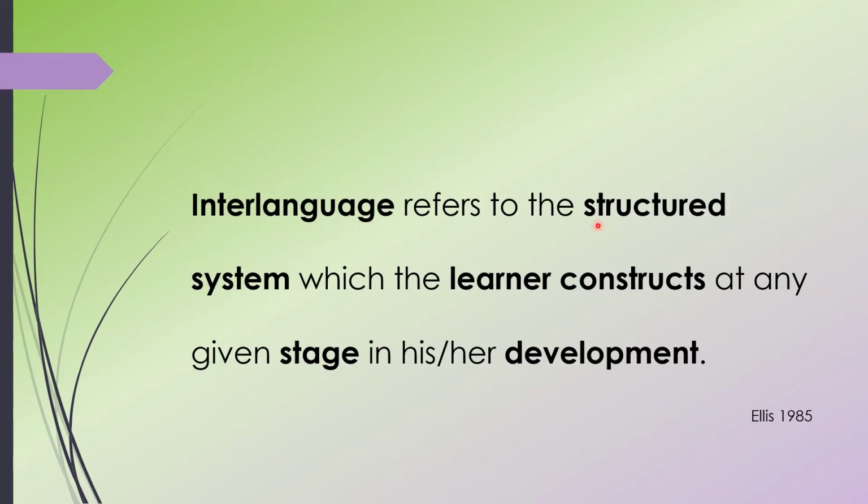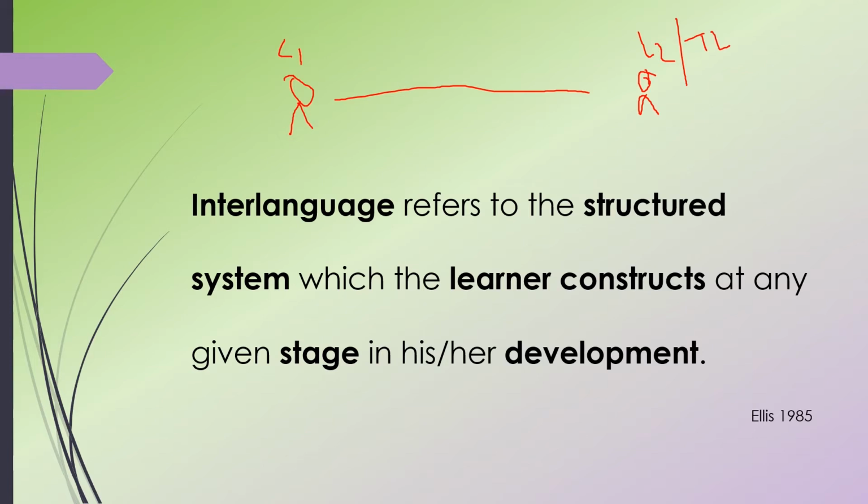Interlanguage refers to the structured system which the learner constructs at any given stage in his or her development. Okay, let me draw a line, then you might understand. For example, you are here and your term is L1, that means your first language, and you want to be in here, and here you will find L2 or TL or target language.